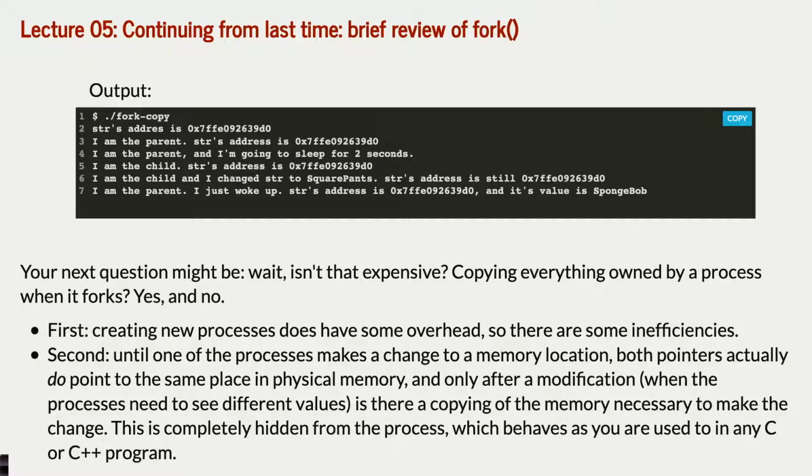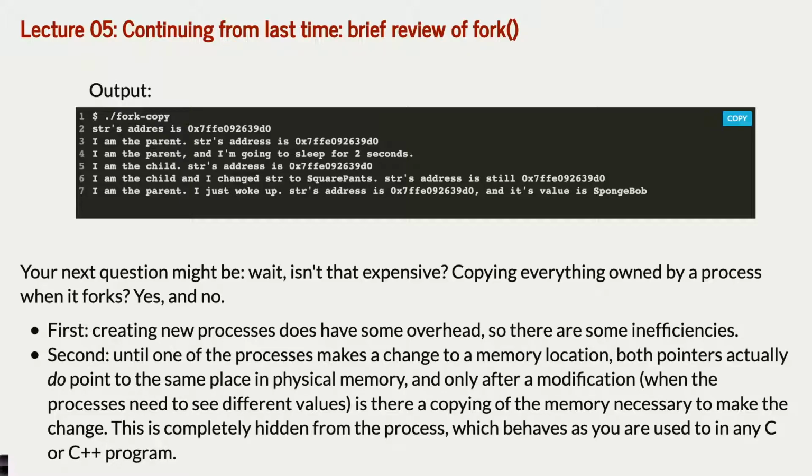Yep. I'm a little confused about what exactly is being copied. Is there a translation map that is being copied, and when does that get copied? You have two questions there. The first question is, is there a translation map? There is. It's a table of translation. The operating system keeps track of it, and the hardware has a part in that as well. There is a translation table that says when process X looks for this location, it goes to this physical memory.